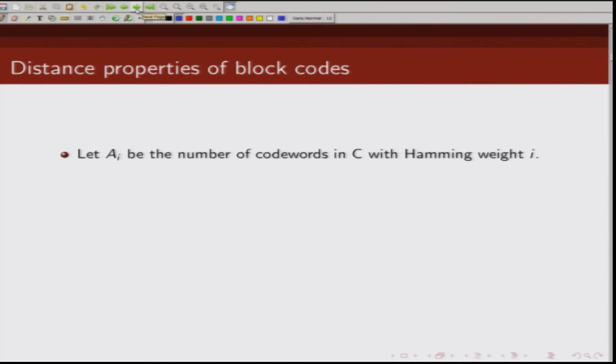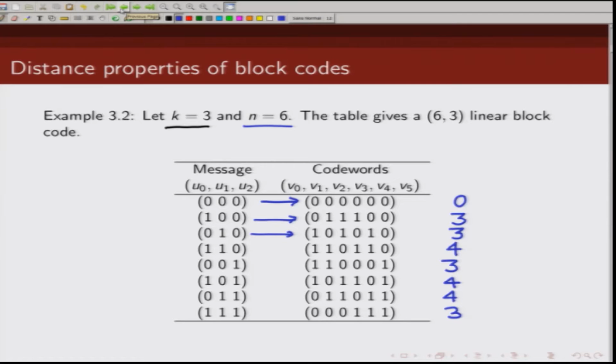So, let A_i denote the number of code words in C with Hamming weight i. If you look here, I will use A0 to denote the number of code words which have Hamming weight 0, and that number is 1. Do we have any code word with Hamming weight 1? No. So, A1 is going to be 0. What about A2?